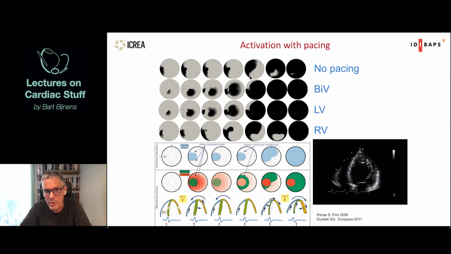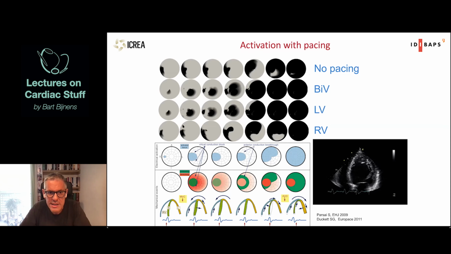And then at some point the conduction starts again, and in this case it whirls anteriorly up to the point that you have a full activation. If you do pacing, here is a pacing wire, you see that you can actually stop this.